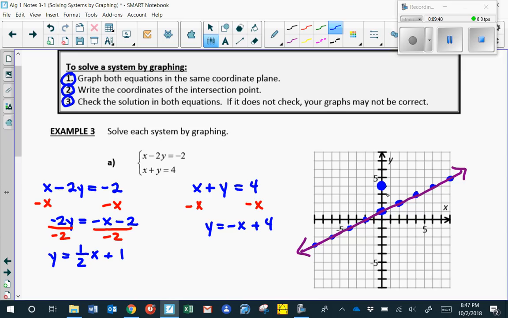For a slope of -1, the rise is -1 and the run is 1. So that's going to be down 1, right 1, down 1, right 1, etc. And we want to graph as many points as we can to have the greatest accuracy.